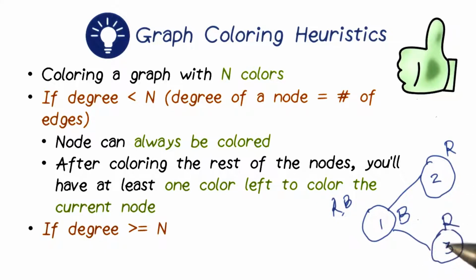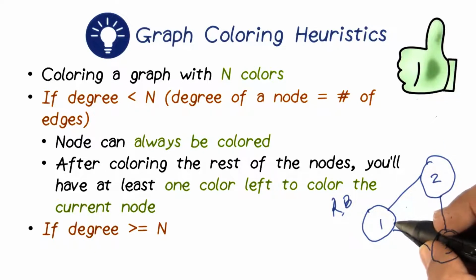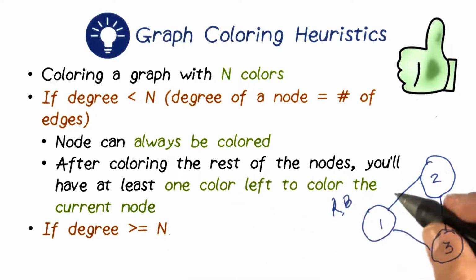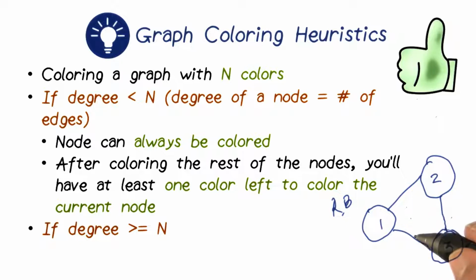That is case 1. Now let's take a look at a slightly more complex example here. The degree is still 2, so it satisfies this condition, degree greater than or equal to n, where n is equal to 2. The question is, under this particular interference graph, can we still color this using 2 colors? If we take an approach in which we give red here, you can see that we cannot give the red color over here because that is going to interfere.